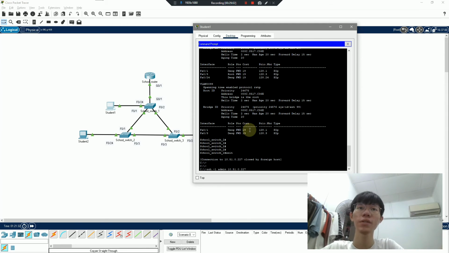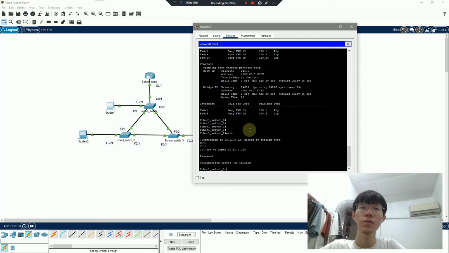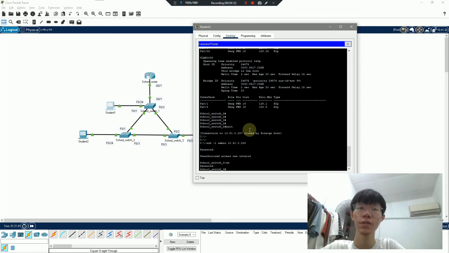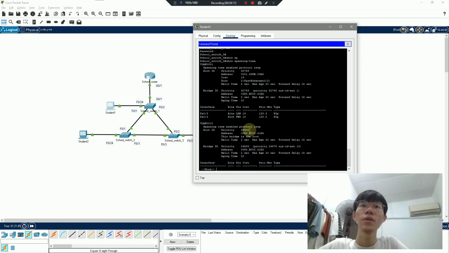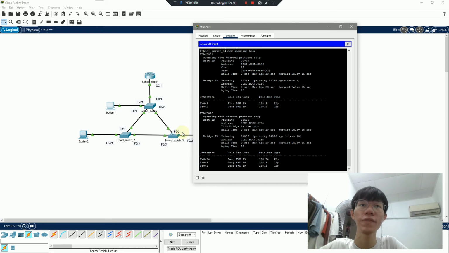So next is switch 3. The enable password is class, then show spanning-tree. VLAN 1 is connected by port FastEthernet 0/2 on switch 3, which goes through to switch 1, the root.